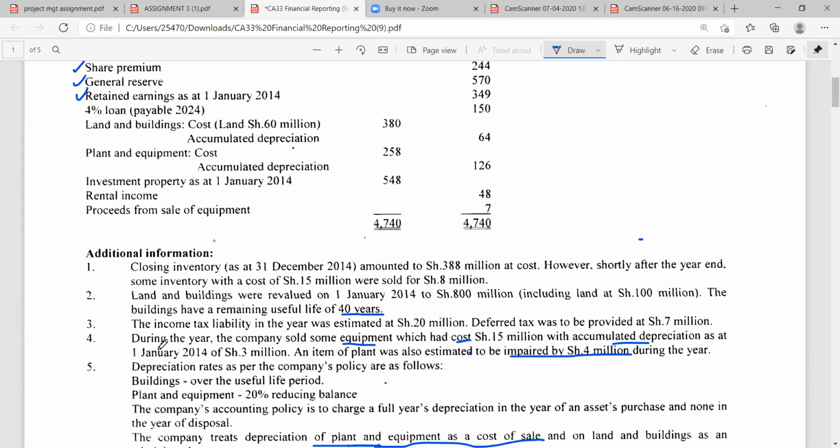From the additional information, there's this one: on land and building, there was a revaluation. So I need to write on my whiteboard the ordinary share capital, share premium, reserves. I have to list all of them, then the total.